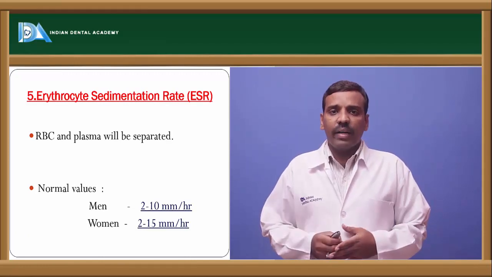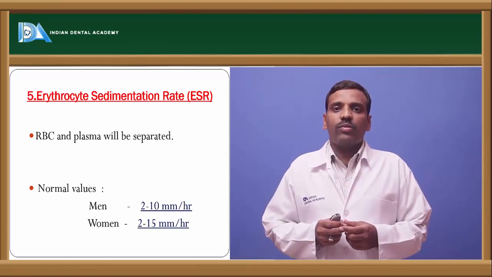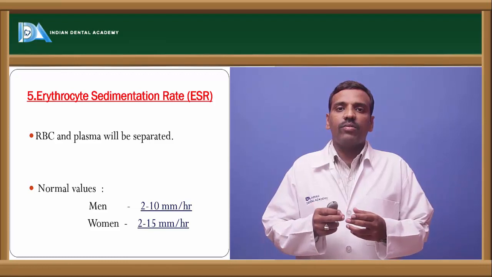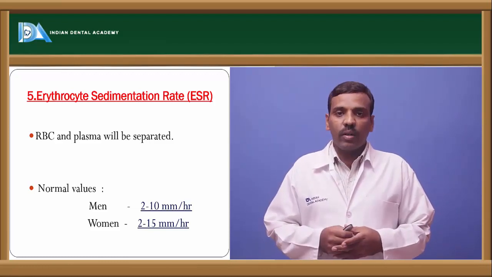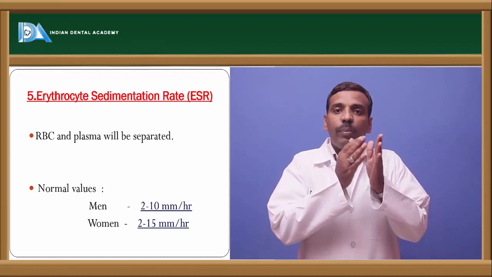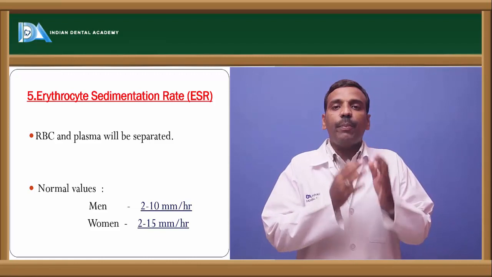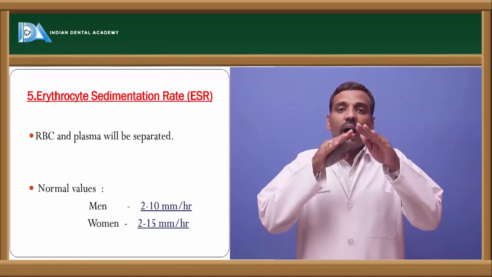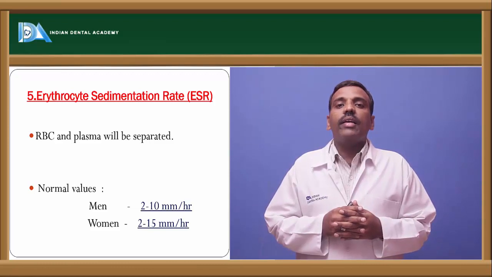After collecting the blood sample, there are two methods: the Westergren method and the Winthrop method. By these two, the hematocrit is kept stable and aside. So fill the tube and keep it aside, and then the RBCs settling down is called ESR.